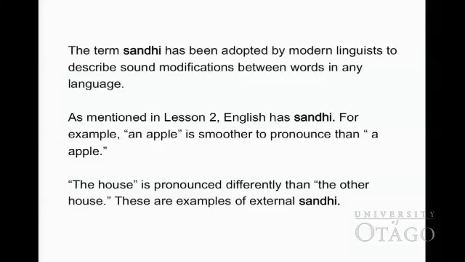As mentioned in lesson 2, English has Sandhi. For example, "an apple" is smoother to pronounce than "a apple." "The house" is pronounced differently than "the other house." These are examples of external Sandhi.